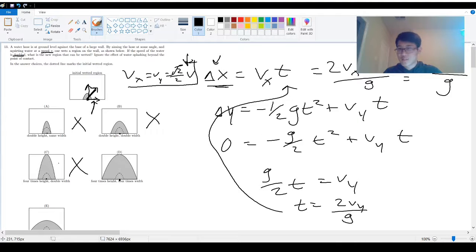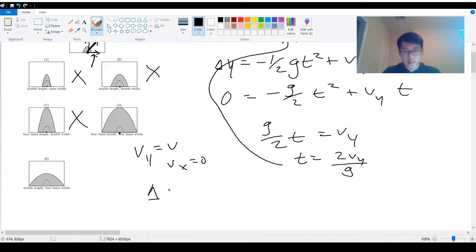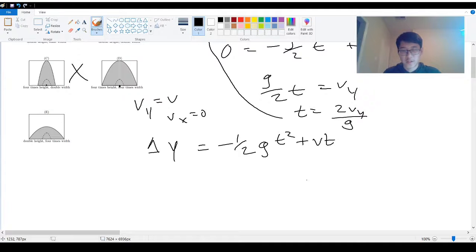So now the question is, does the vertical maximum height it reaches also quadruple? Again, let's think about what condition gives the maximum height. It gets the maximum height when the hose is pointing directly upwards, right? So that means vy is equal to v, and vx is equal to 0. And delta y is equal to negative 1/2 g t squared plus vy t, but since vy is v, let's plug that in immediately.